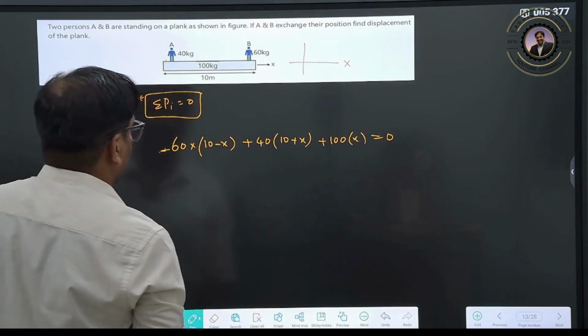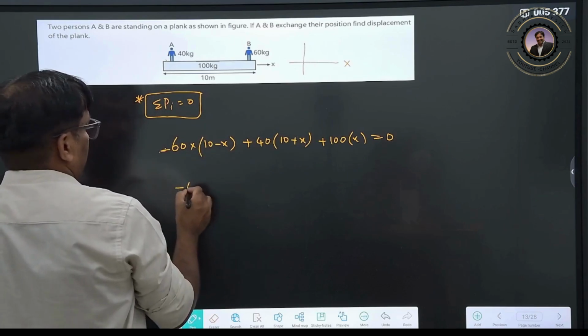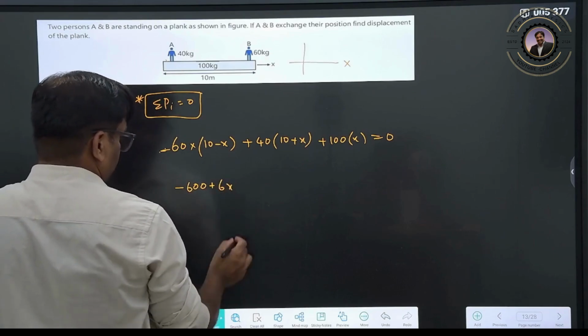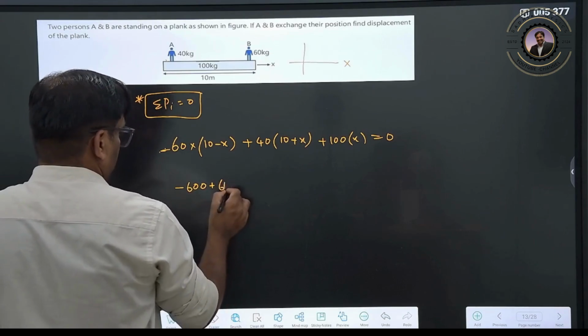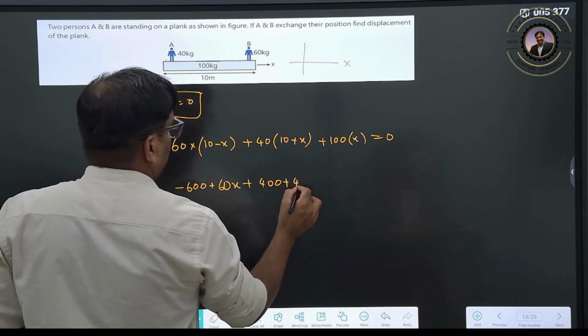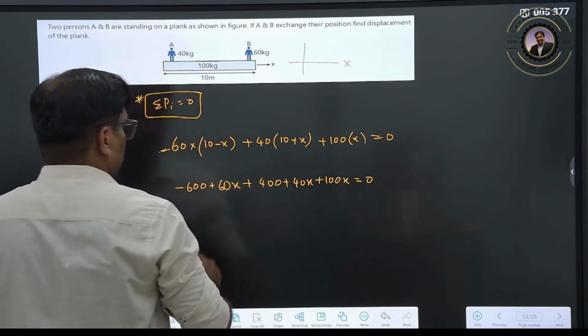We will solve this. You can write it now as minus 600, so minus of minus is plus 60x, plus 400 plus 40x plus 100x, equal to 0.